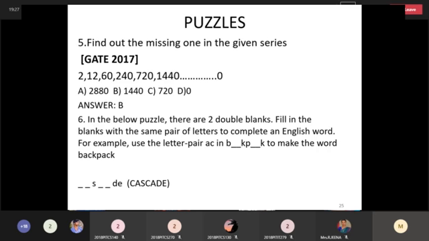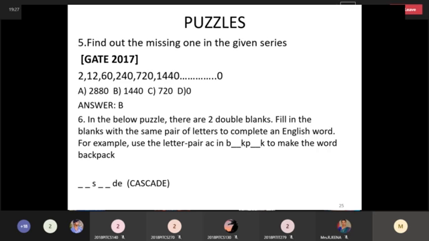So options they have given: A 2880, B 1440, C 1720, and D is 0. So option B, that is 1440, is the right answer. So find out the missing one in the given series. So option B is the right answer.